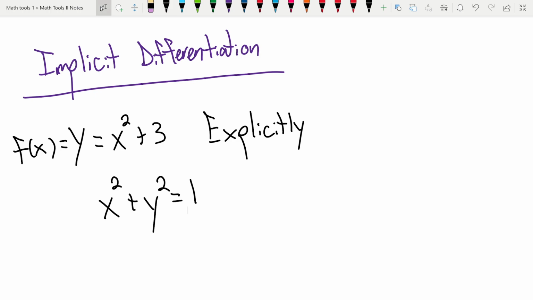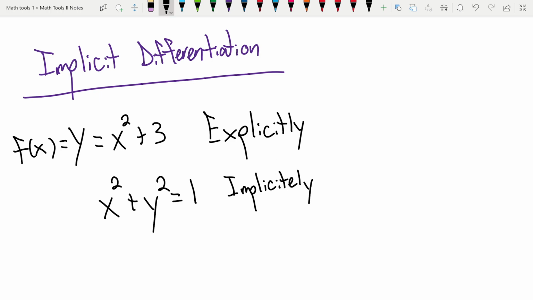In this case, at first glance, it's not really clear whether this is a function of x or a function of y, or both. Like if there is a dependent variable or an independent variable. So we would say that this is defined implicitly.